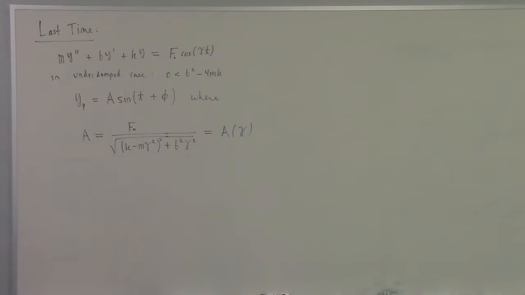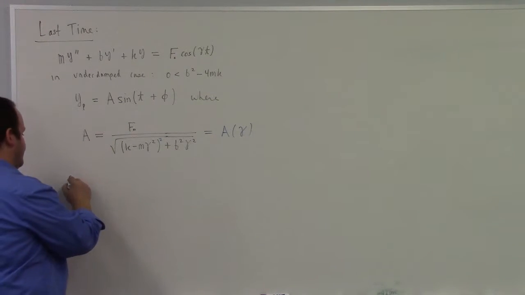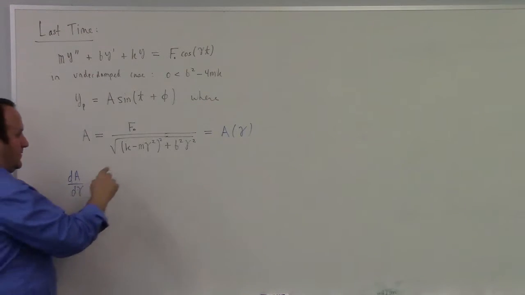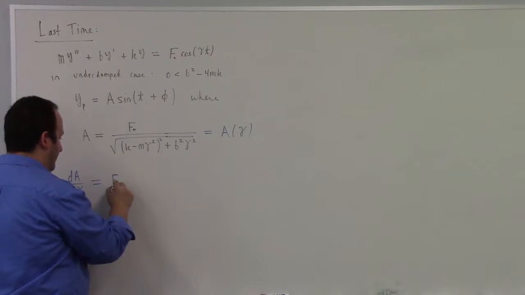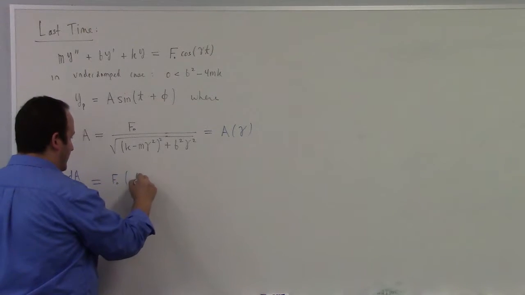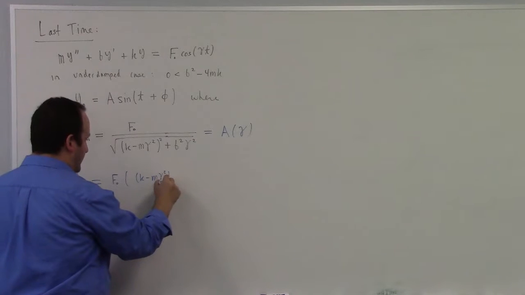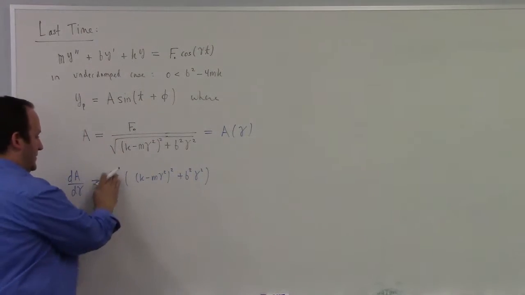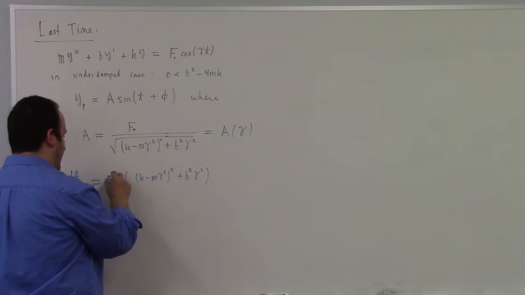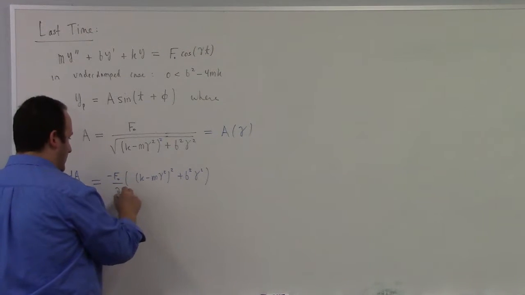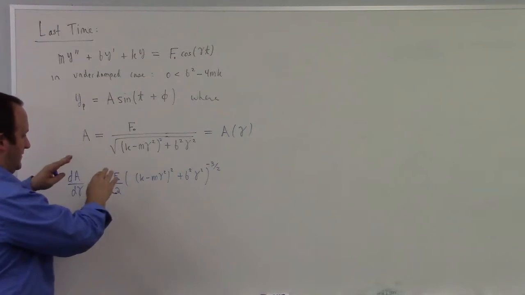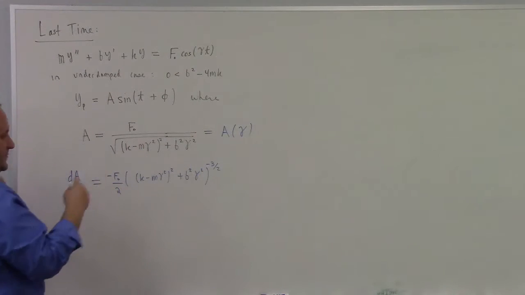So we can differentiate this to find the critical point. So dA over d gamma, what is that equal to? Well, F naught times parentheses K minus M gamma squared plus B squared gamma squared. And I really should say minus F naught over 2 to the minus 3/2 power, so this is all of this stuff to the minus 1/2 power.